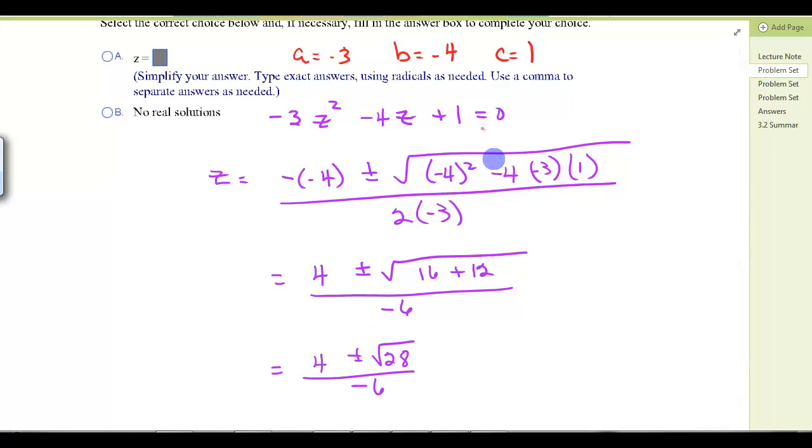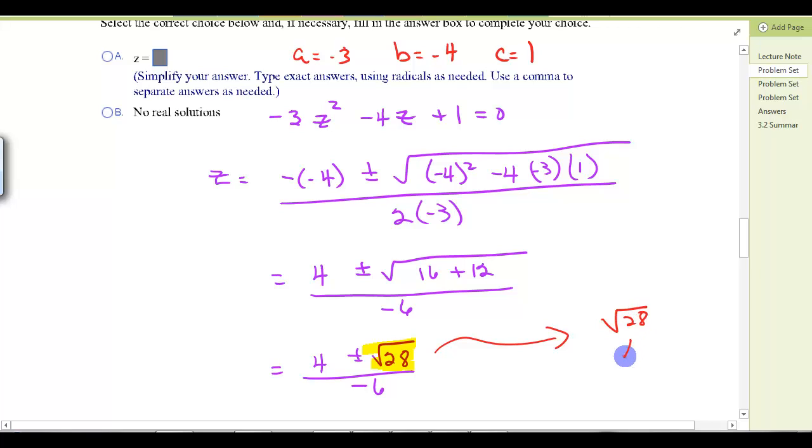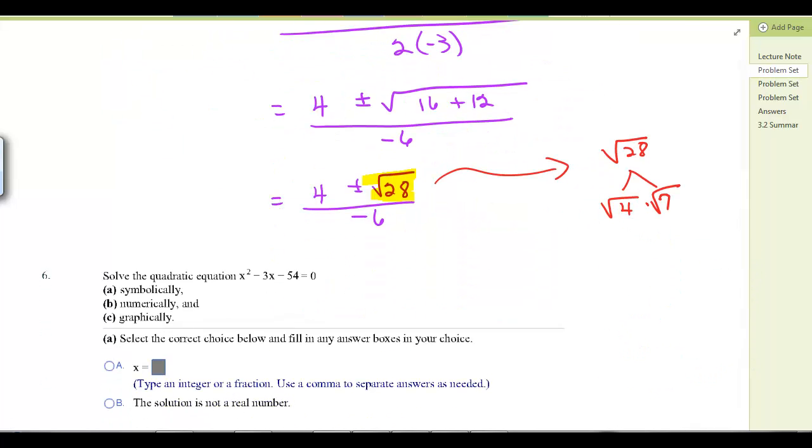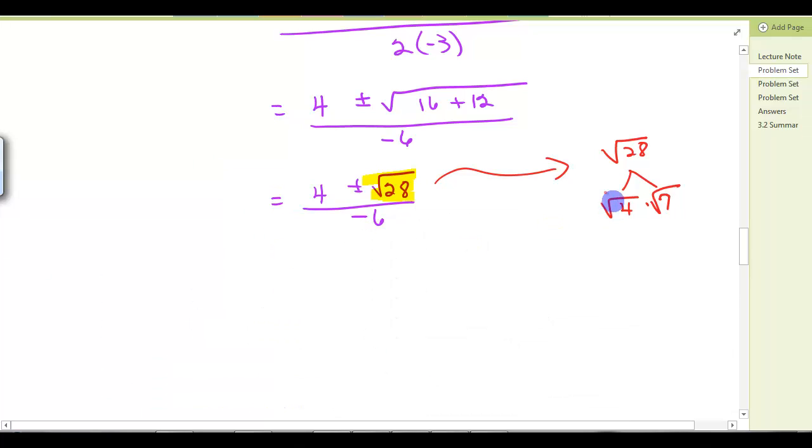And remember, we want to look at this number in the radical and see if we could simplify it. And we can. Come over here. Square root of 28 has a factor that's a perfect square. That's 4. So the square root of 4 is 2. So we've got 2 square roots of 7.